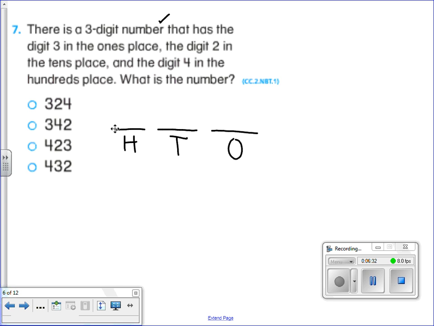I made 3 spaces. Has a 3 in the ones place, the digit 2 in the tens place, and the digit 4 in the hundreds place. Okay? Which choice am I looking at here? Choice 1, 2, 3, or 4? Sarah? Choice 3 is correct.